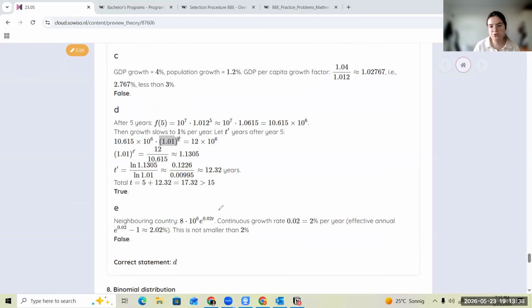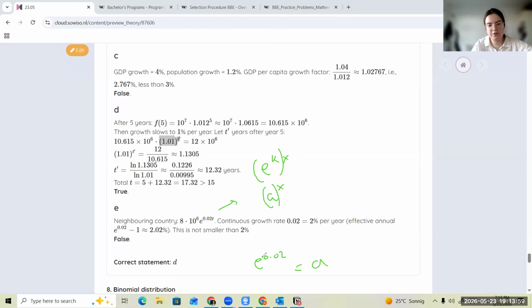Because if you're going from continuous to discrete, e to the power of k is your a. So e to the power 0.02 is your a, that gives you the discrete growth per year, and that is a bit more than 2.02% growth.